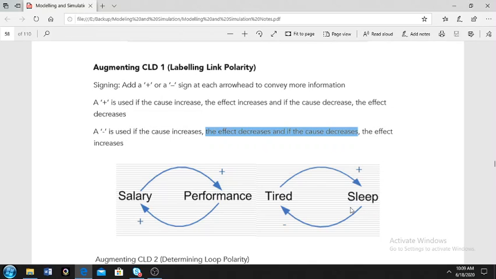The more you sleep, the less you are tired. So you see, here we are moving from more to more, so it is plus, and here we are moving from more to more, so it is plus also. But here is different. Here we are moving from more to more, and here we are moving from more to less. So it is why the sign changes, because we are moving from more to less.